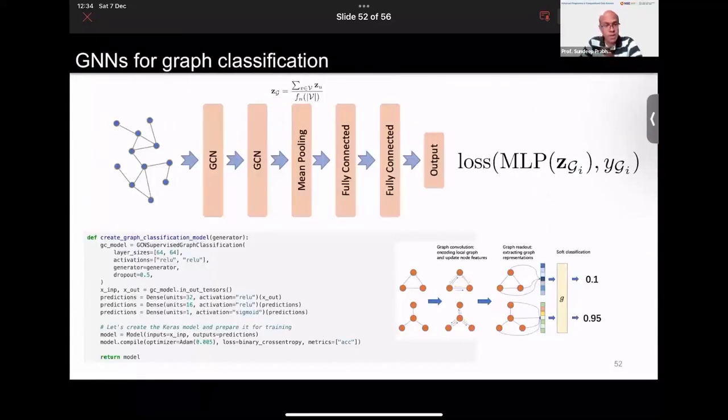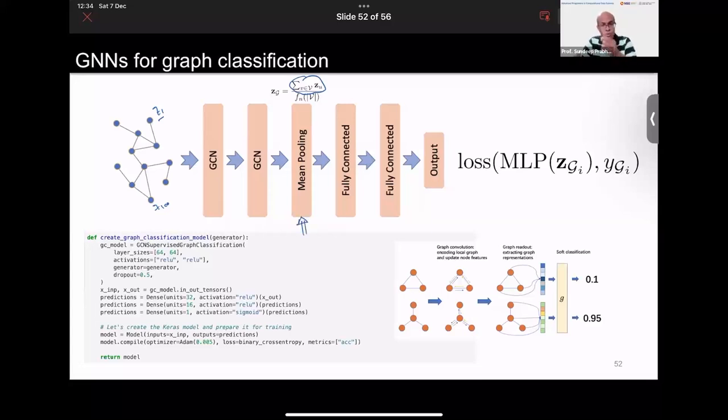Now, for graph classification, what you basically have is for each graph, you would get these embeddings Z1 to Z2. The only thing that we will do is combine the embeddings of all the nodes to get an aggregate embedding of the entire graph. So I have Z1 to Z, say, 100. I have embeddings of all the nodes. Now in graph classification, I would like to get one embedding for the graph, and that is achieved through this mean pooling.